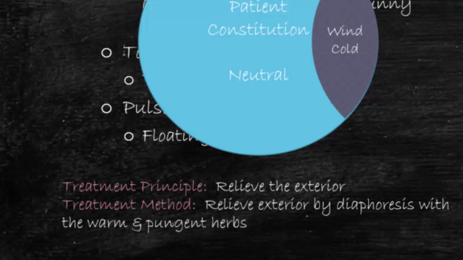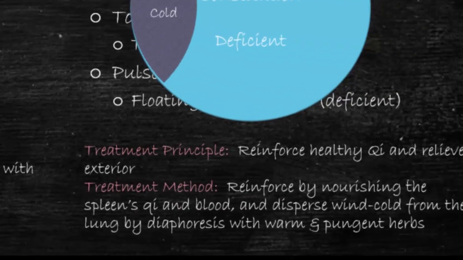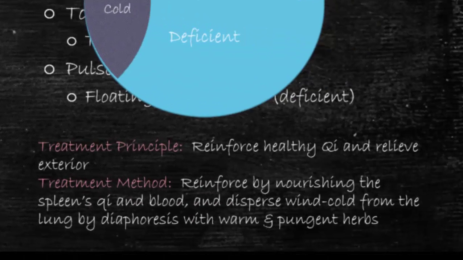On the other hand, for Gui Zhi Tang, to address deficient wind cold, because the patient's constitution is deficient, the treatment principle here is first and foremost to reinforce the healthy qi, then relieve the exterior, right?